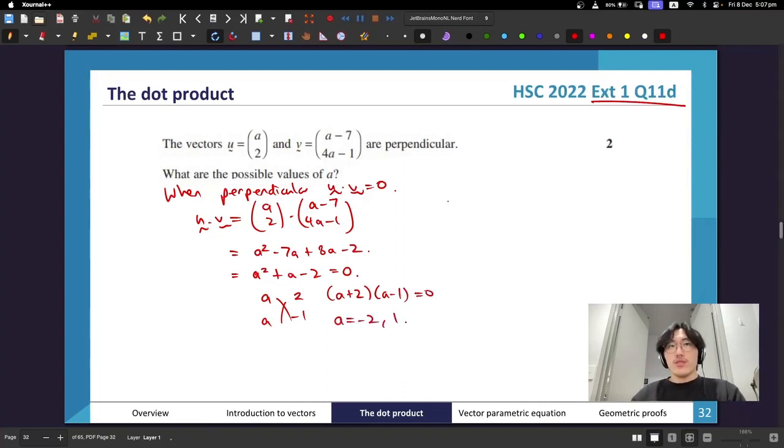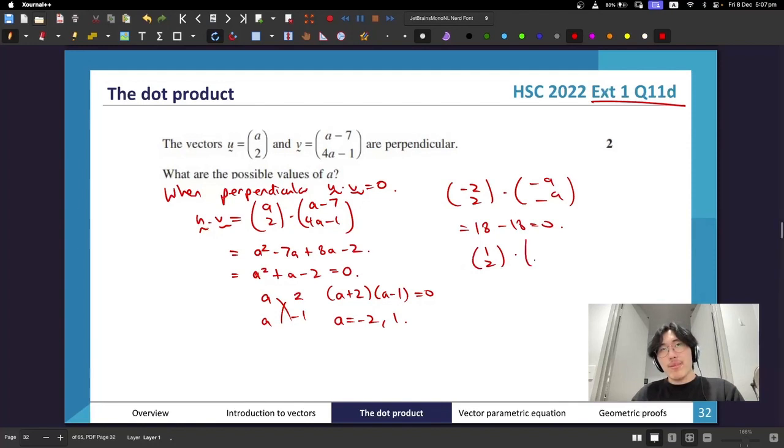Good thing about these vector questions is that we can sanity check. So let's sanity check. For -2, we get (-2, 2) dot (-9, -9). Just by inspection, you can tell this is going to be true: 18 minus 18 equals 0. And for 1, (1, 2) dot (-6, 3).